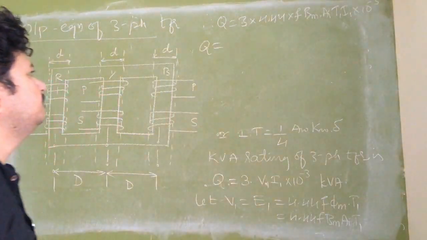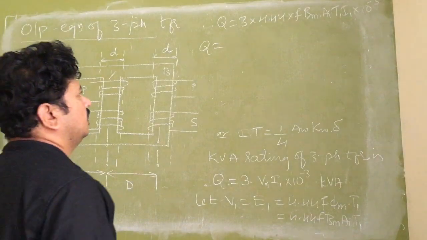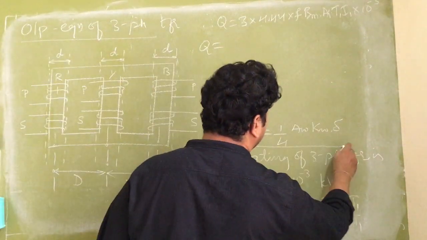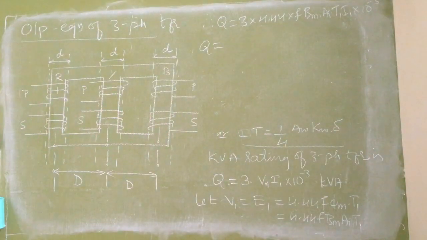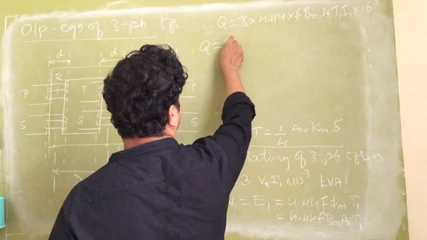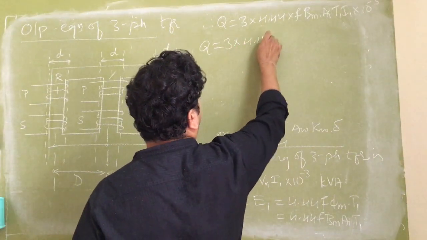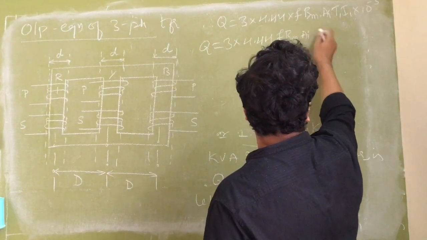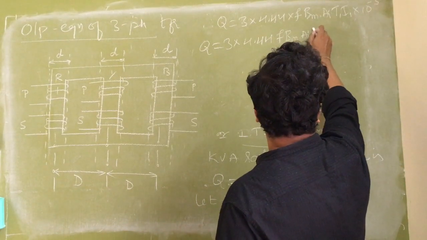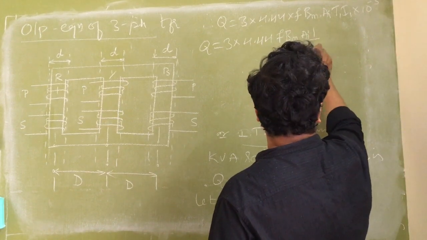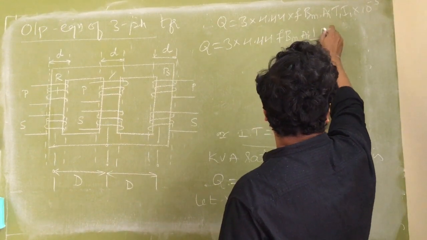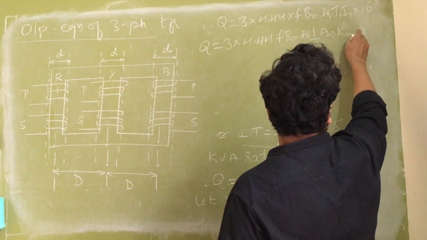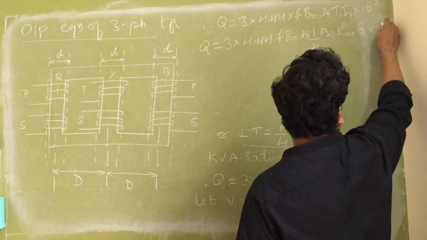Q is equal to, so I1 T1 is equal to 1 by 4 AW KW into delta, and E1 has already been substituted. So therefore it will be 3 into 4.44 F Bm AI into 1 by 4 AW KW delta into 10 to the power minus 3.